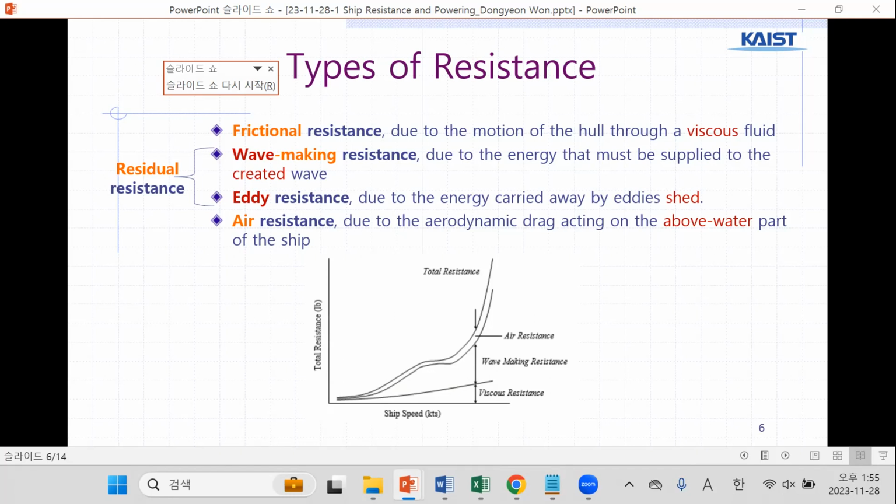So that can be calculated and measured separately. If you see in the later stage how they do the towing tank experiment and then calculate or measure the resistance, you will see that. So the naming is coming from the viscous part or the frictional part. The other one is the remainder.